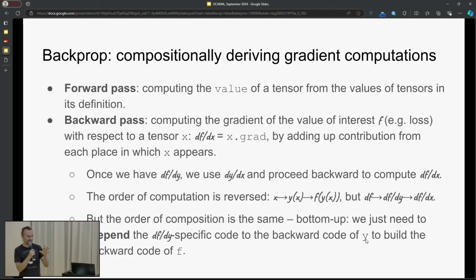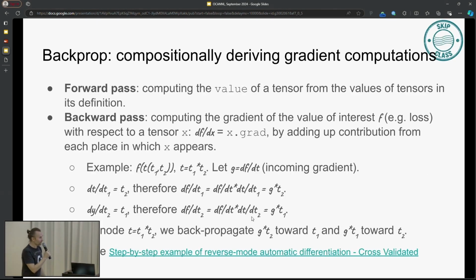Specifically, once we have y, we will know dy over dx, and now we encounter f. So we can just prepend the things specific to f. We prepend df over dy to the computation dy over dx, and that's how we get the computation df over dx. So here is an example for multiplication.